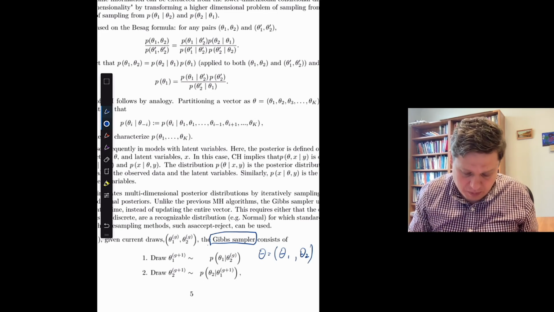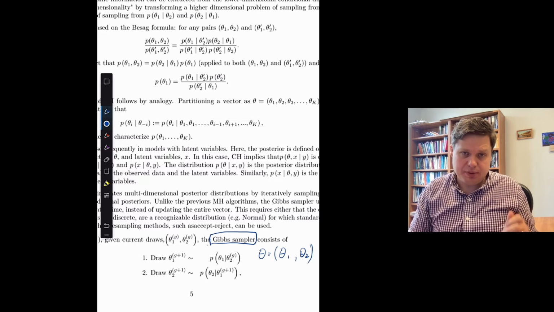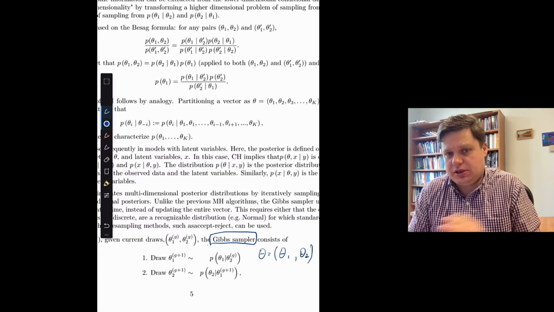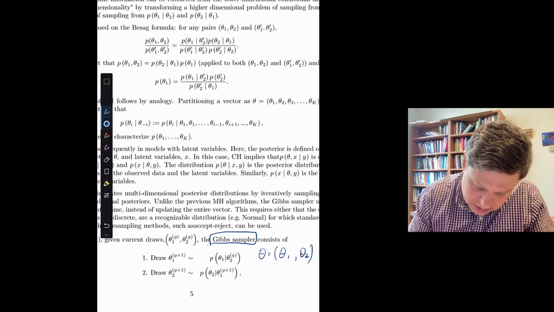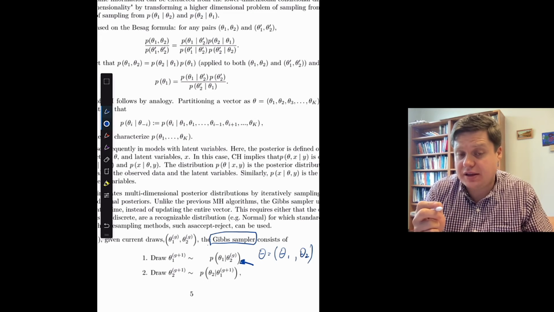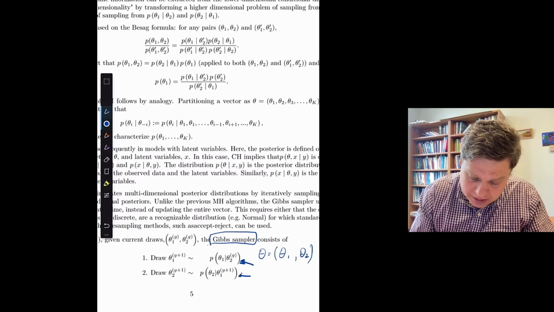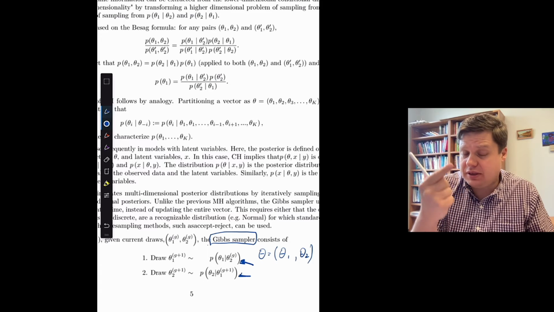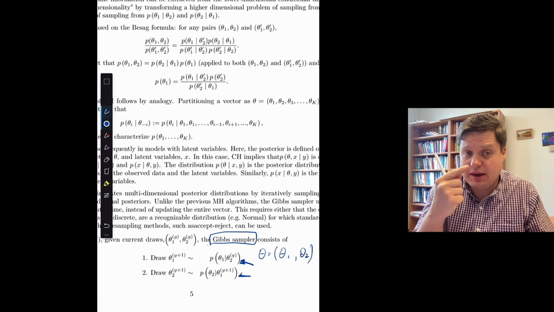Then in the Gibbs Sampler we have to have two conditional distributions. The first is the probability of theta 1 given theta 2, and the second is the probability of theta 2 given theta 1. At every step of Gibbs sampling, we sample from both of them.